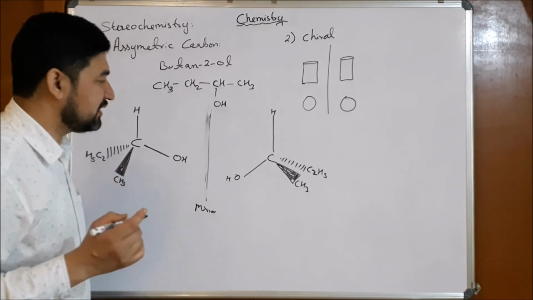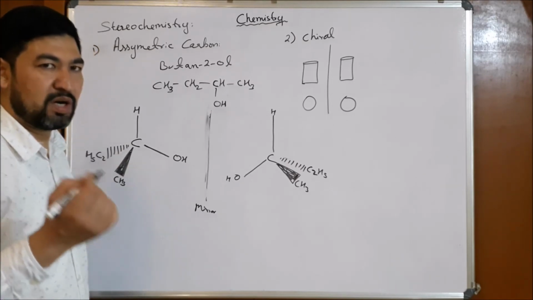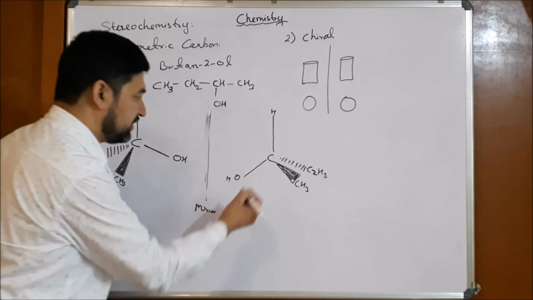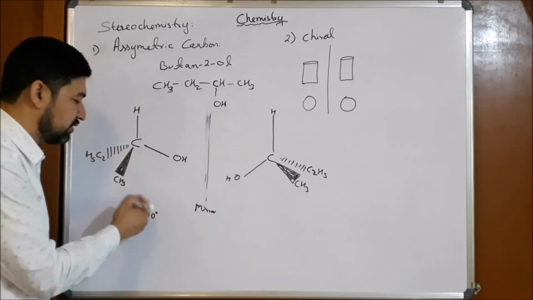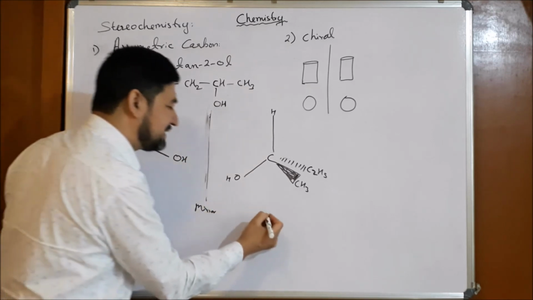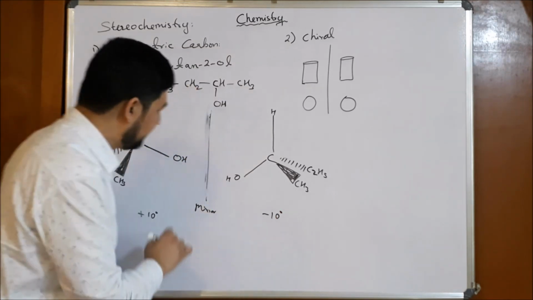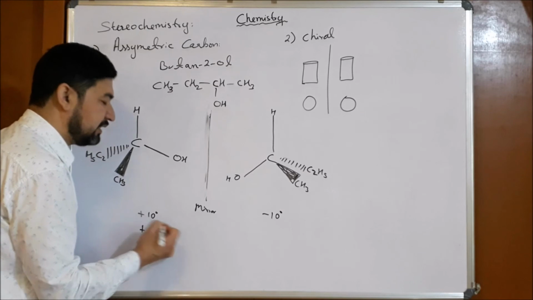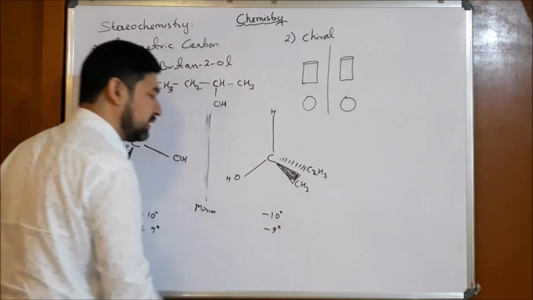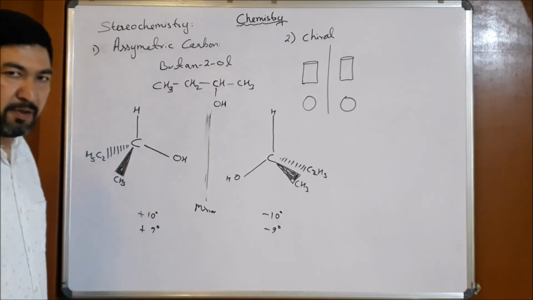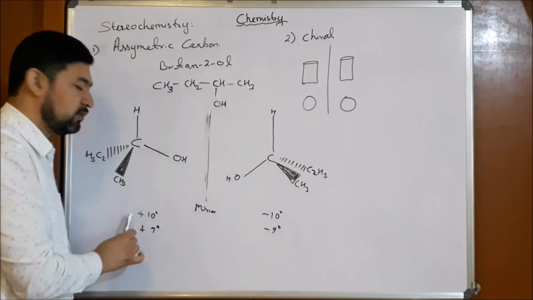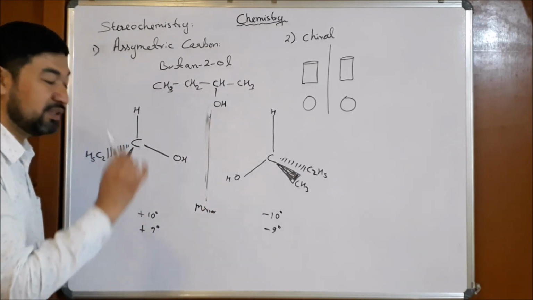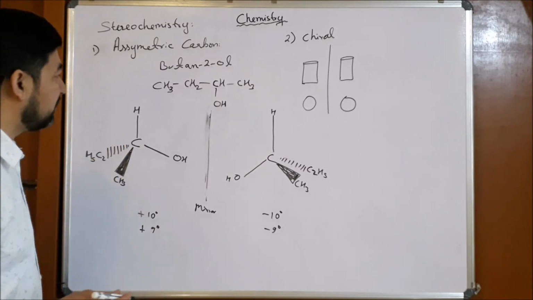The only difference is in the rotation of plane polarized light. Suppose one rotates plus 10 degrees, we call it dextrorotatory, then the other will rotate exactly minus 10 degrees. If it is plus 9 degrees, then the other will be minus 9 degrees, because they are mirror images. If one is levorotatory, the other will be dextrorotatory with an equal angle. That is the property of enantiomers.